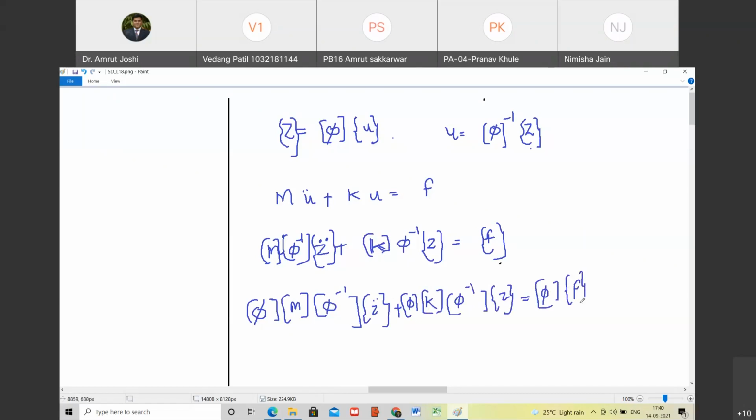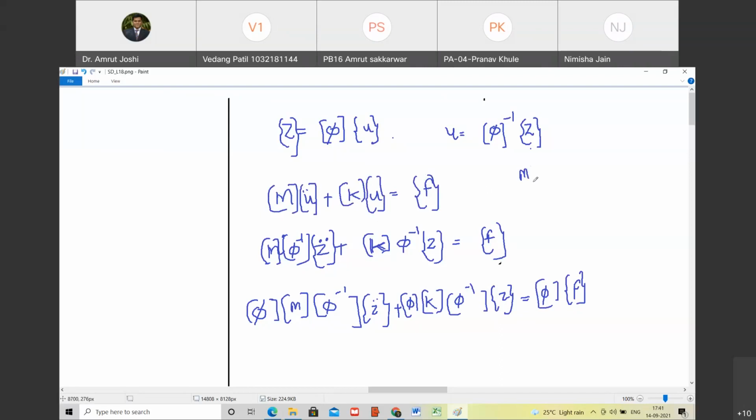So now look at the argument that I am trying to make. Our original equation is the mass matrix M, u double dot, where u double dot is u1 double dot and u2 double dot. Do you agree with me? Plus K u, where K is the stiffness matrix and u is u1 u2, is equal to F, where it is 0, 0 in this particular case.